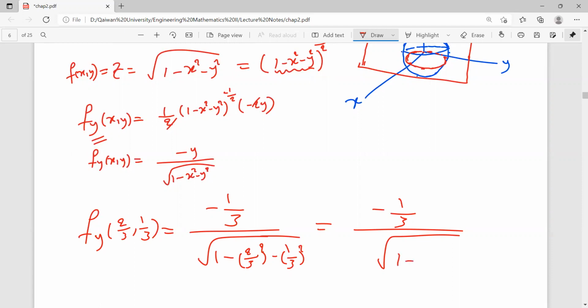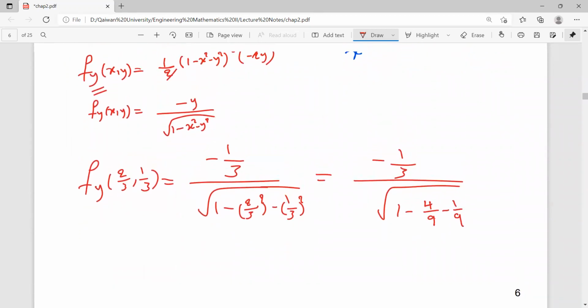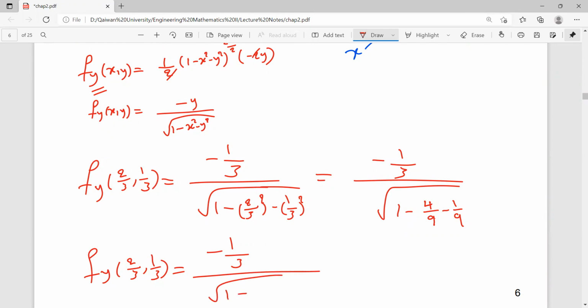We get 1 minus 4/9 minus 1/9. We're trying to simplify it. 4/9 minus 1/9, both are negative, we get minus 5/9. We get f sub y at 2/3 and 1/3 equals minus 1/3 divided by the square root of 1 minus 5/9.